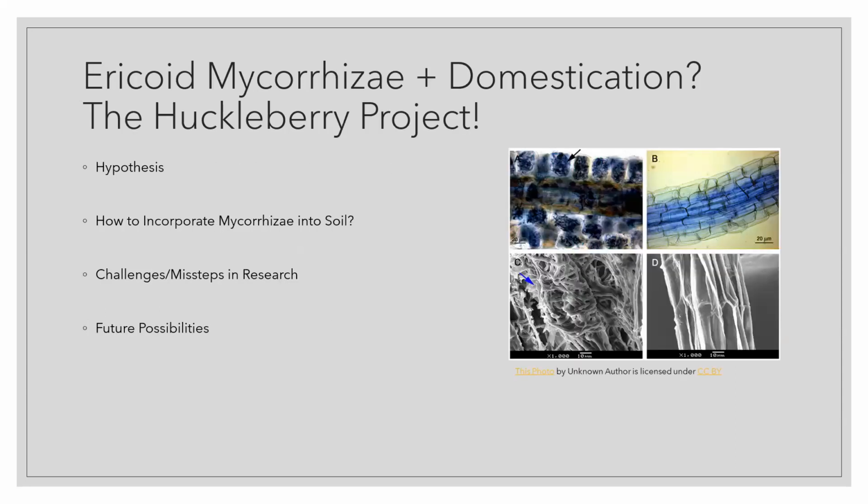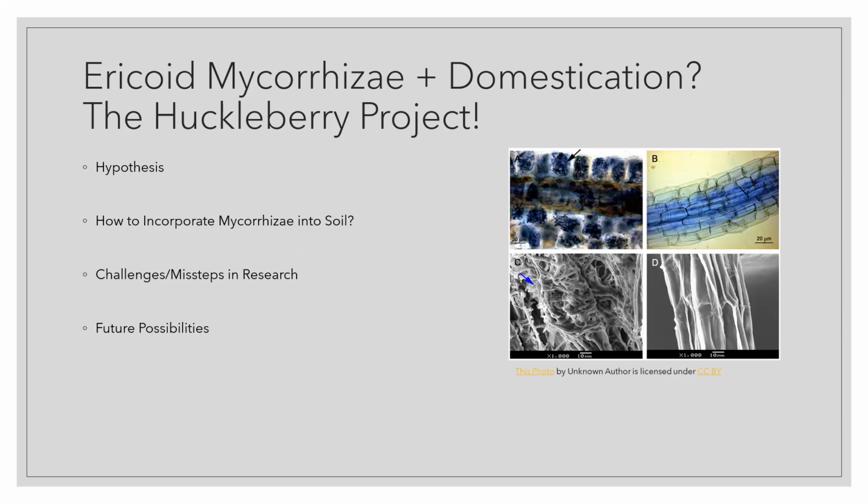And so this is my project. My hypothesis was that we might be able to grow huckleberries in a lab setting if we take native soil from around huckleberry plants.